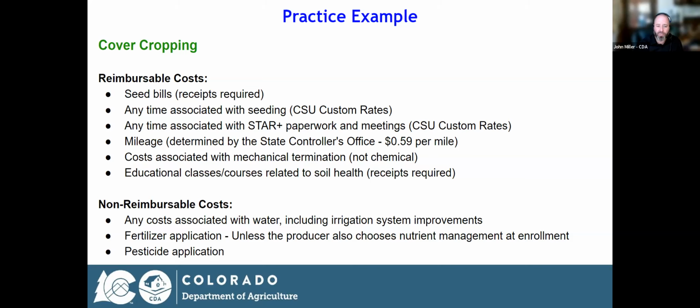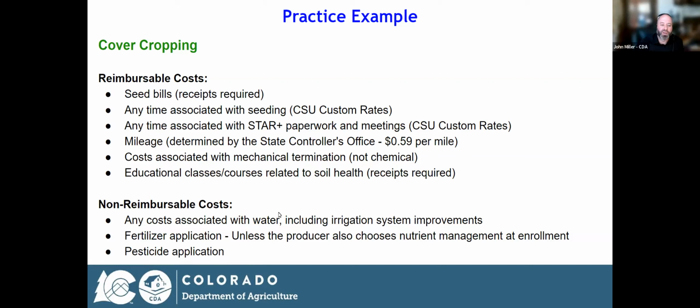Any time associated with STAR Plus paperwork and meetings. So any time they spend meeting with you or with technical assistance providers, or filling out their field evaluation forms in the spring, or working to take their soil samples, all that time they can bill per CSU custom rates and submit it for reimbursement.